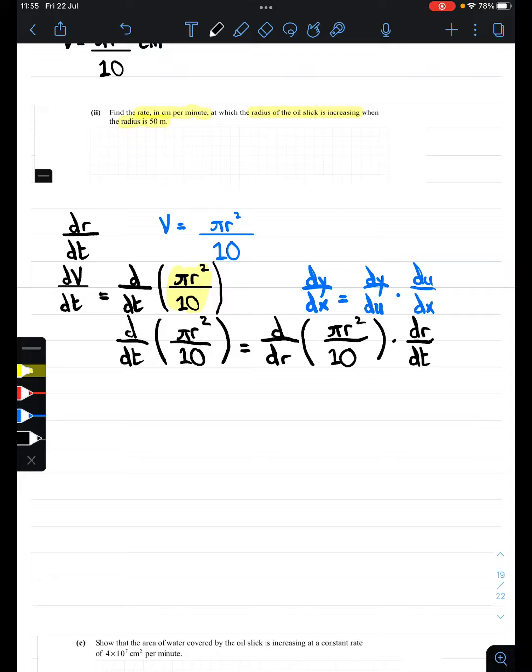And now we know how to differentiate this with respect to r. It's just 2 pi r over 10, bring down the power, and then multiply this by dr dt.